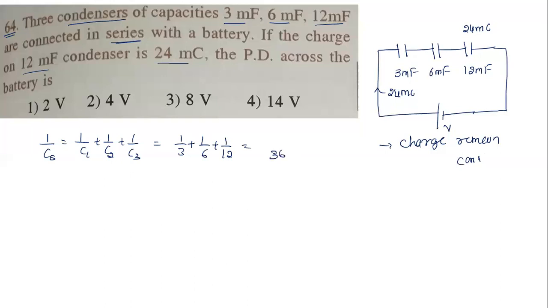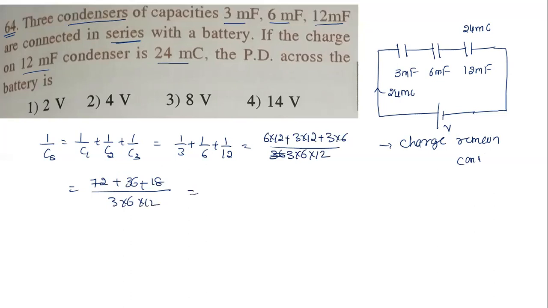So how much do you get now? It is 3 into 6 into 12, so it will be 6 into 12 plus 3 into 12 plus 3 into 6. 72 plus 36 plus 18 divided by 3 into 6 into 12. It will be 126 by 3 into 6 into 12.